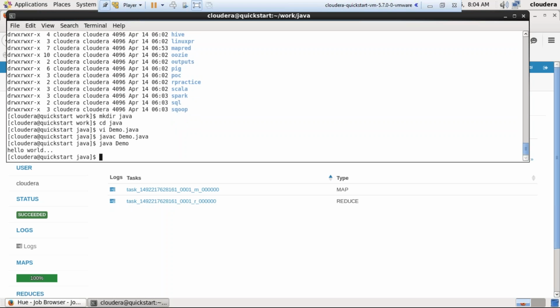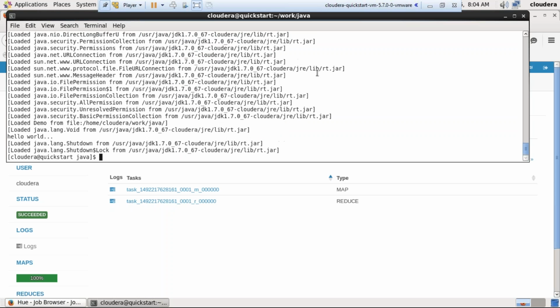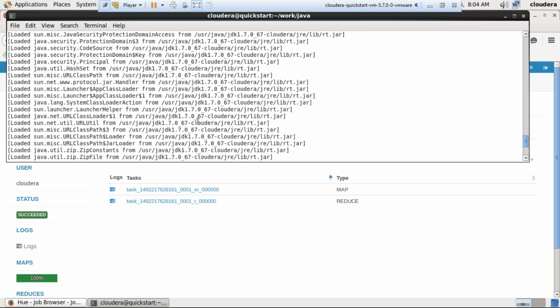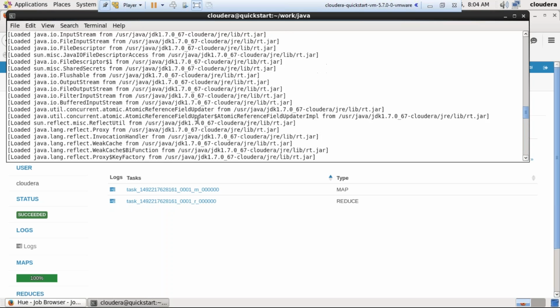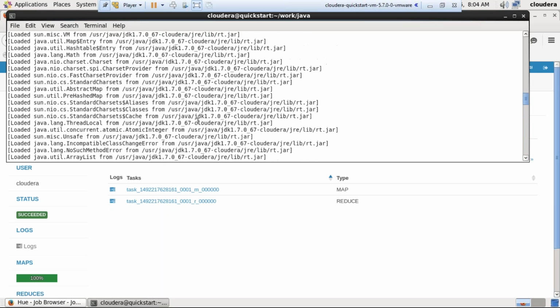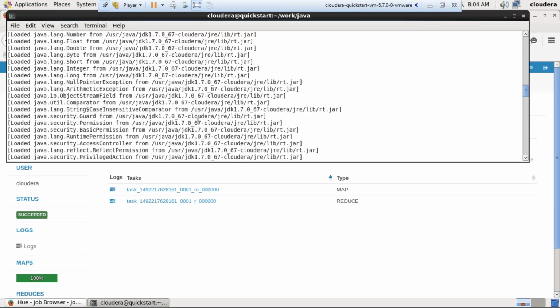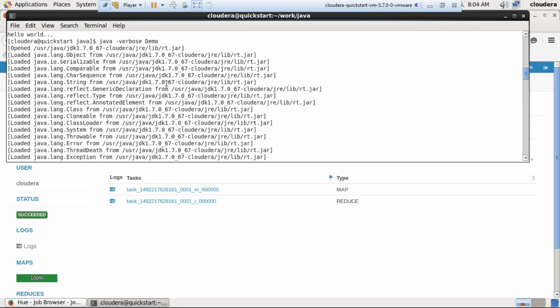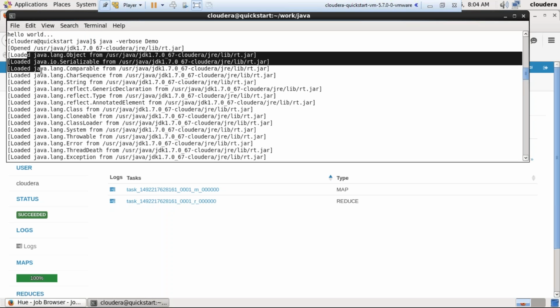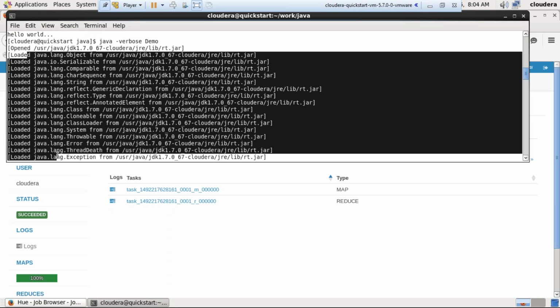This is very clear. But the fact that you need to understand here is, Java verbose, and I said demo, you will come to know clearly when your JVM is getting started, you see that a lot of loading is happening.